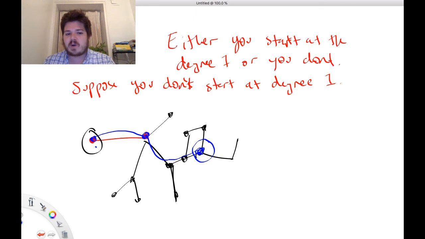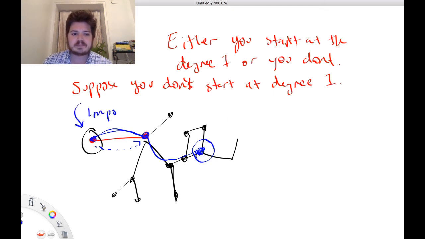But once you have a degree 1 vertex and you cross this edge, you can't come backward, because that's the only edge connecting that vertex, and you can't cross that edge again. This is not a directed graph or multigraph, so there's no other edge connecting to that vertex. So immediately that's impossible.